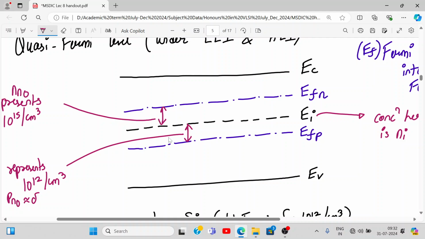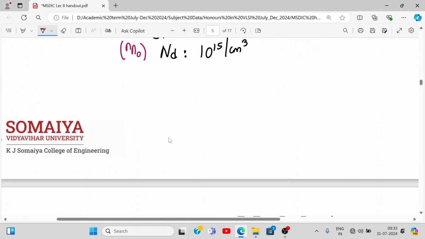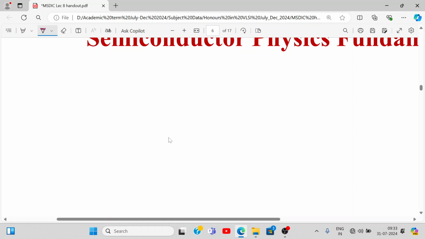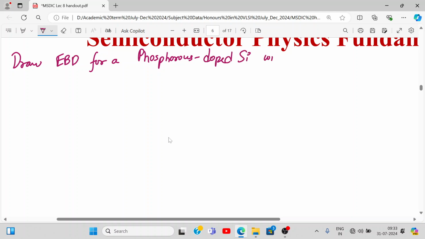Now the real question is, you have understood how to draw it, but how will the same energy band diagram look under high level injection? So let's write down. Let me give you a question. Draw the energy band diagram for a phosphorus doped silicon with 10 raised to 15 per centimeter cube concentration.